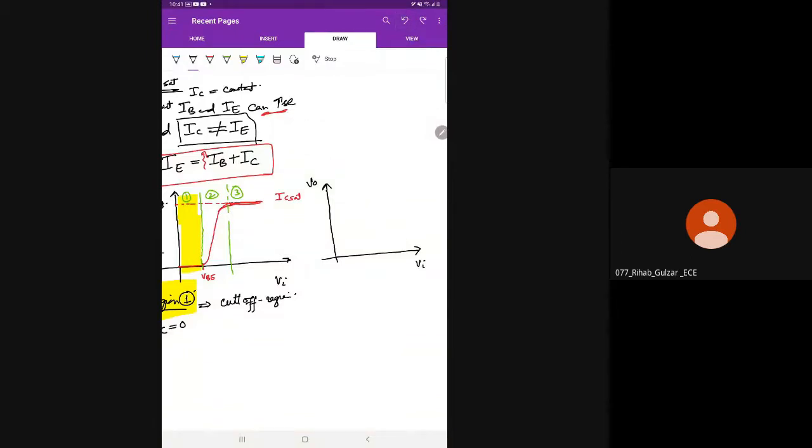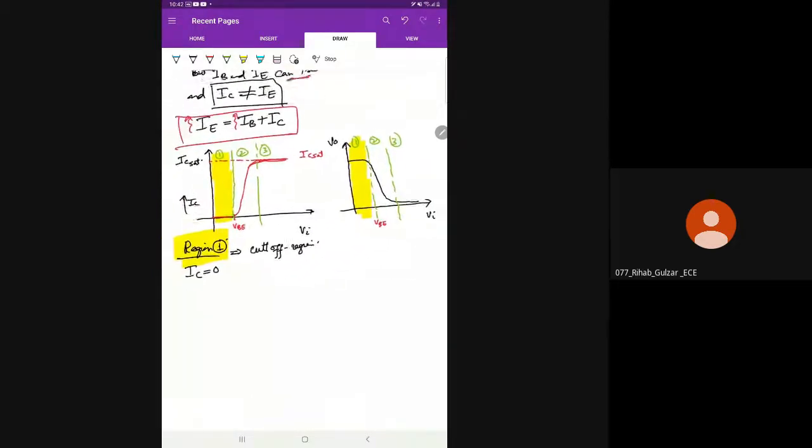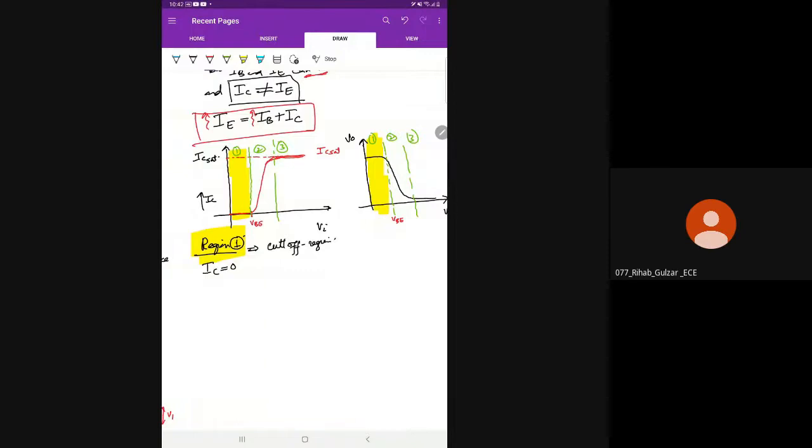Let me draw it. Here also you have three regions, 1, 2, and 3. I'm talking about region A now, and this is the VBE point. When V input is less than VBE, IC is 0 from graph 1.